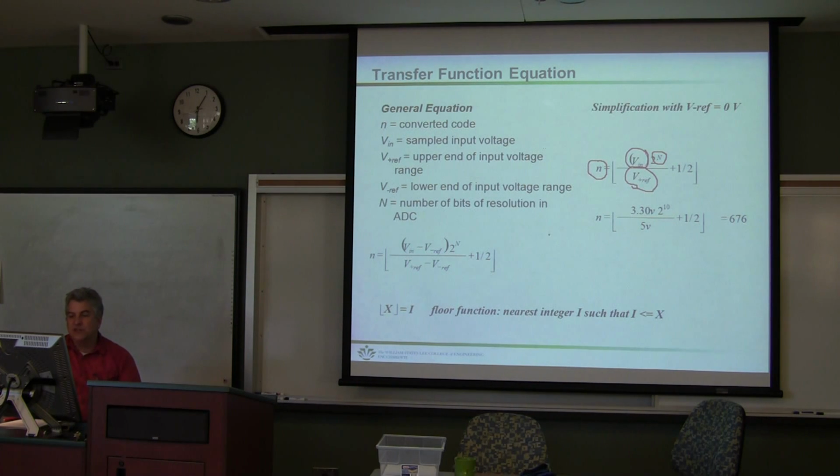So I have the following situation. I have an A to D converter that has 10 bits. This is really hard to do with a mouse. So my A to D converter has 10 bits, and I can measure from 0 to 5 volts.